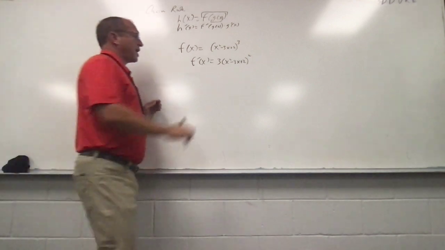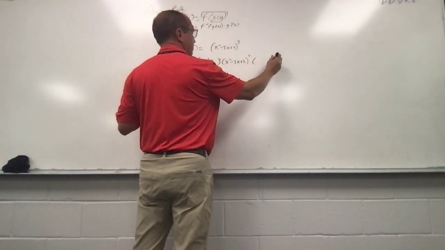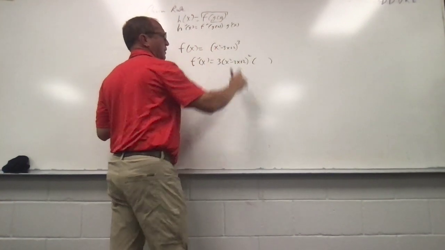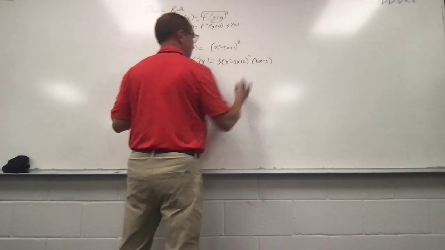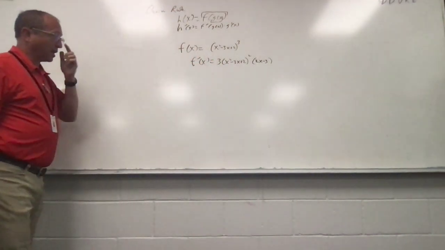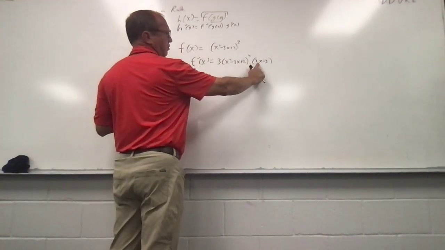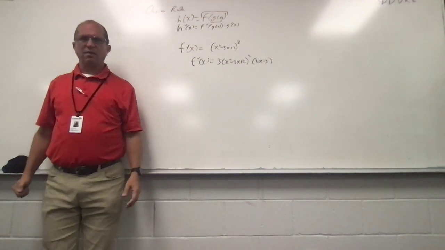And then times the derivative of the inside part. What is the derivative of my g of x portion here? 2x minus 3. Now, if you want to clean that up, you can. You can't distribute into here, but you could distribute the 3 with the 2x minus 3 and get 6x minus 9 if you wanted to do that.